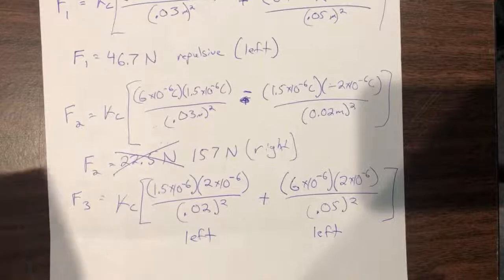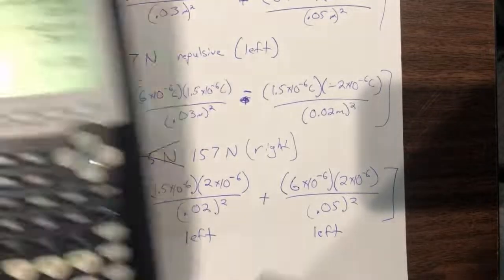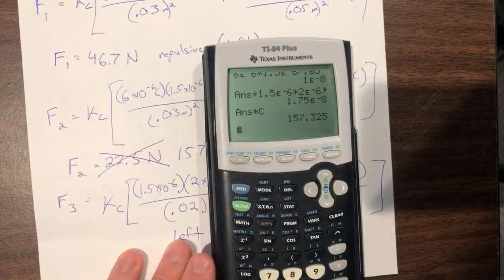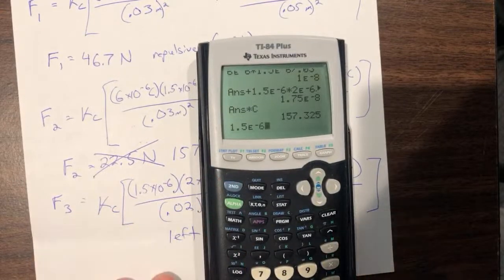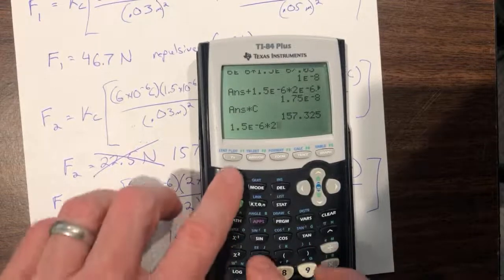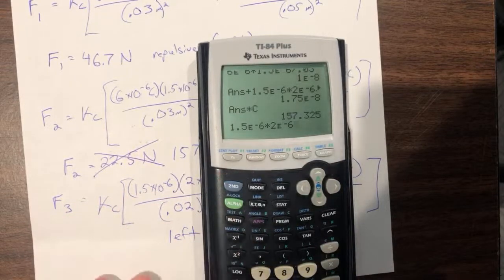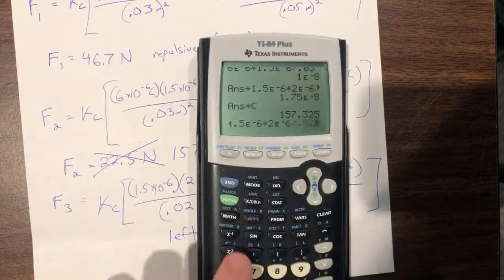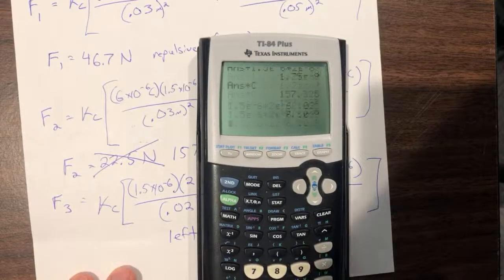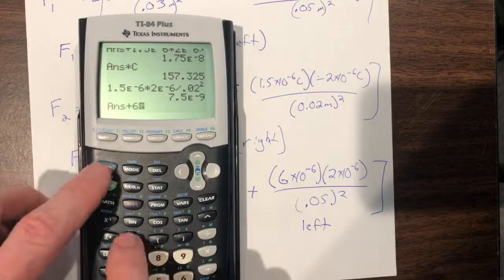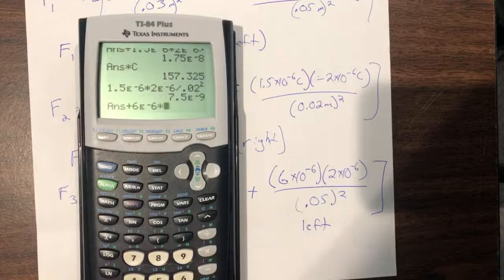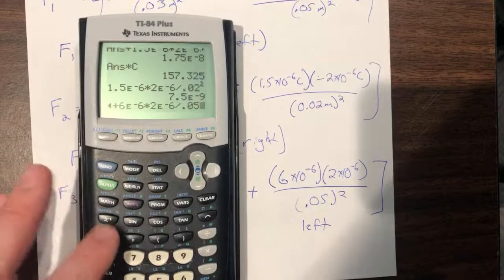All right, so let's go ahead and do the math here for our final problem. It's going to be 1.5e negative 6 times 2e negative 6 divided by 0.02 squared. And we're going to add to that 6e negative 6 times 2e negative 6 all over 0.05 squared.